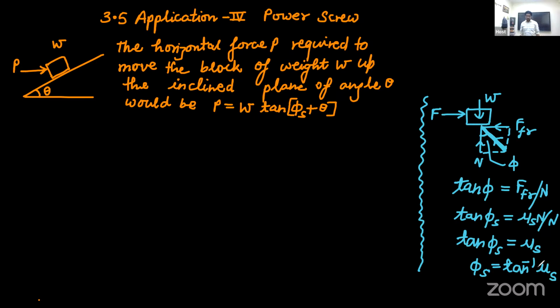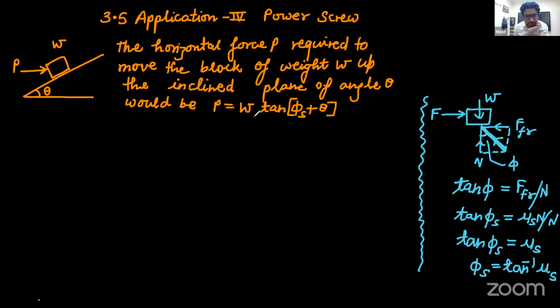All right. So phi is known by the name friction angle, and phi s is known by the name maximum value of friction angle or limiting value of friction angle. Limiting value is also known by the name angle of repose.